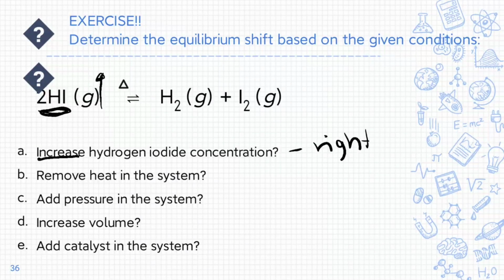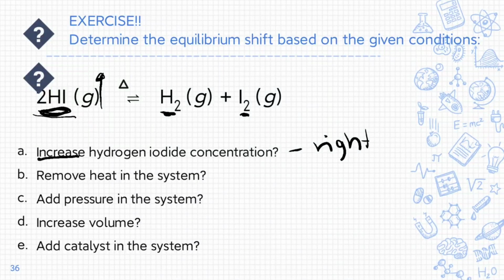Okay? Next, remove the heat in the system. Now, we need first to identify if this is an exothermic or endothermic reaction. If you remember, the compound breaks into a hydrogen gas and the iodine in gaseous form.